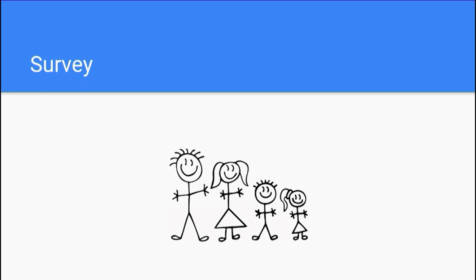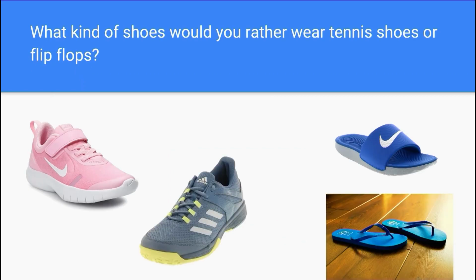After the data is gathered, you will represent the responses to the survey. Think about which type of shoe you would rather wear. Tennis shoes or flip-flops?